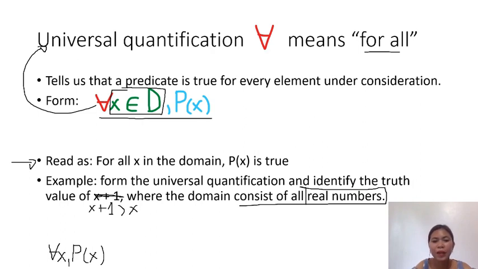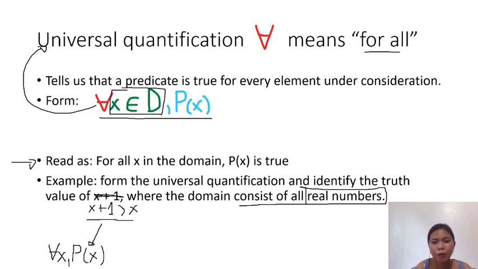Now, let's identify the truth value using this statement here, x plus 1 is greater than x. Alam naman natin na yung predicate is ito, di ba? P of x. So, we can set a value para ma-identify natin yung truth value ng statement. Mag-assign tayo ng value sa x natin. What are the values that we can assign? Of course, any integer, which is a real number.